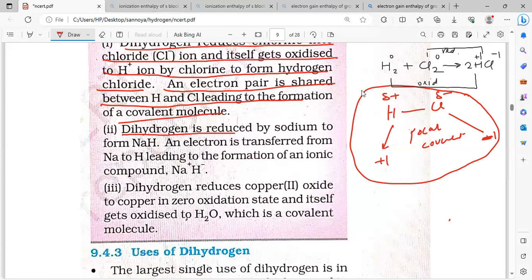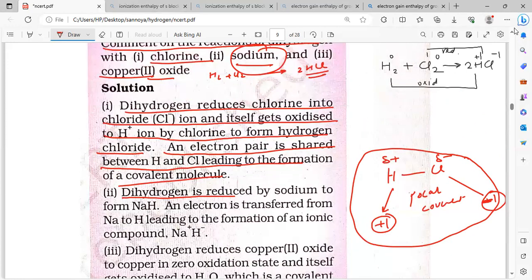If any compound gives a positive charge and negative charge, it is supposed to be ionic, but see what they said here, almost wrongly: dihydrogen reduces chlorine into the chloride ion, Cl minus, and itself gets oxidized into H plus ion. It is not the complete H plus and complete Cl minus. If it were complete H plus and complete Cl minus, what type of compound would it be? It would be ionic. Yes or no?